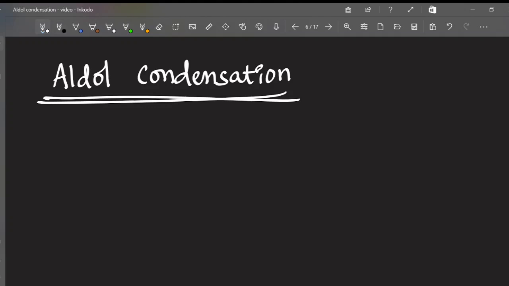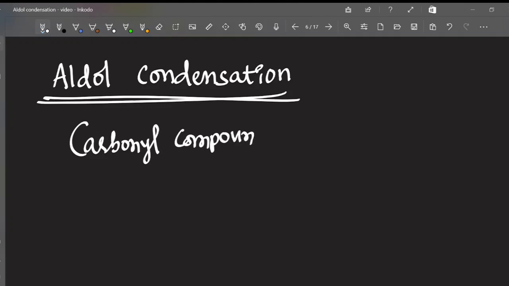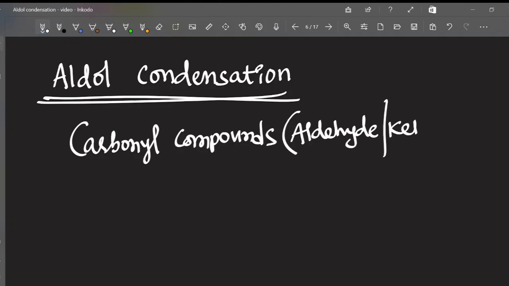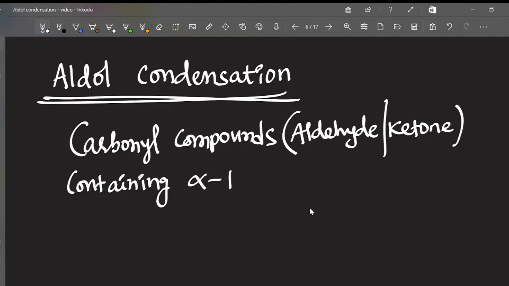Here we need to take carbonyl compounds, mostly either an aldehyde or a ketone, which must contain alpha hydrogen. This is very important. Whatever aldehyde or ketone we take must contain alpha hydrogen.